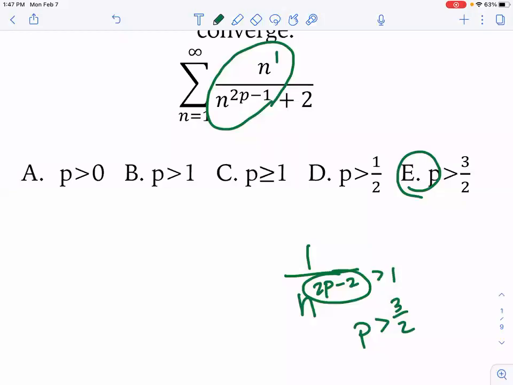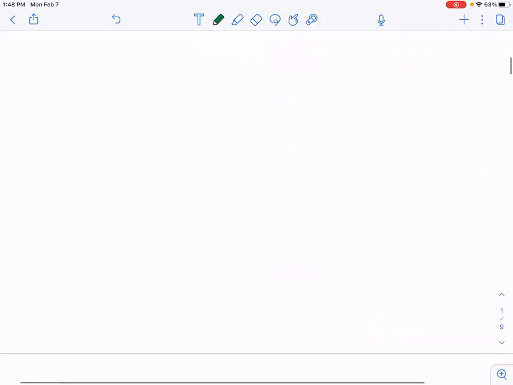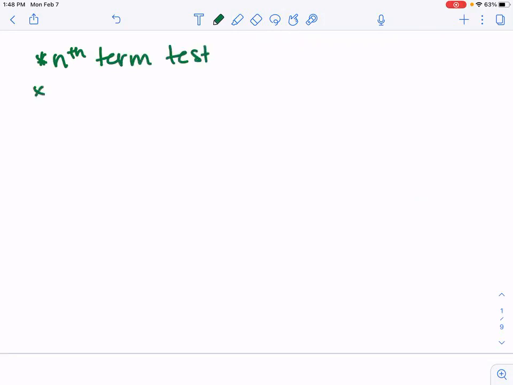These are the last two tests, okay? Let's talk about what we have so far. We have the nth term test, P-series. What else? Geometric series test.